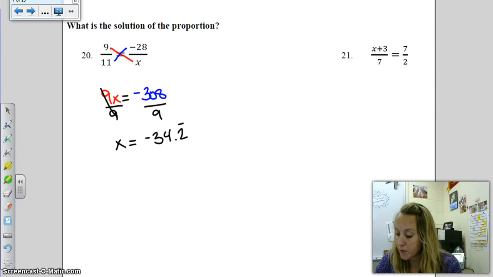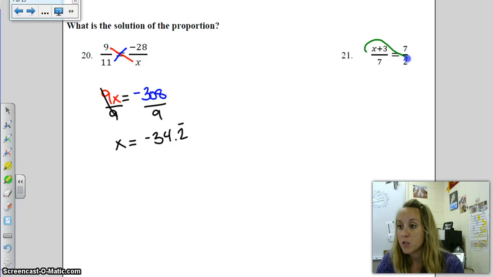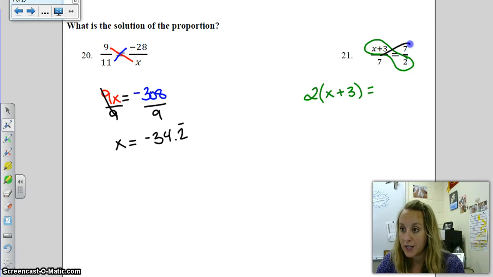All right, on number 21, we've talked about this lots already, but let's just review this. Here, remember that you are multiplying all of this together, okay? So you are taking 2 times x plus 3. Then you are also multiplying 7 times 7. So we have to distribute this 2 through.